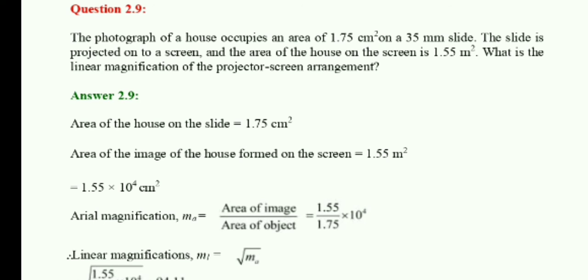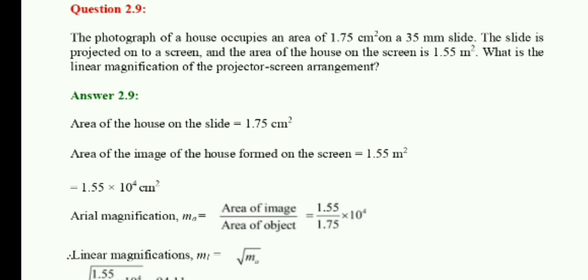What is the linear magnification of the slide-projector-screen arrangement? In the question we have been given the area of the house on the photograph, which is 1.75 centimeters square, and the size of the slide is 35 mm, and we project this image of the slide on a screen, and the area of the house becomes 1.55 meters square. Now we have to calculate the magnification of the projector.